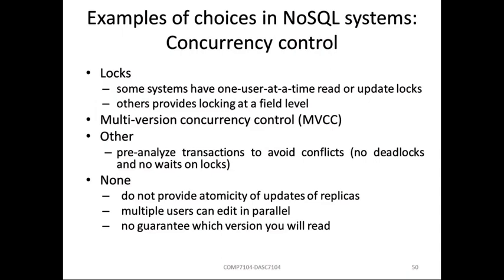Some may rely on other ideas, for instance, pre-analyzing transactions to avoid conflicts or to make sure that there are no deadlocks or no waits upon locks, or some may simply disregard all concurrency control aspects from the very beginning. So no support for atomicity of updates on replicated data. Multiple users may edit replicas in parallel, and there may be no guarantee on which version of that data we may read.